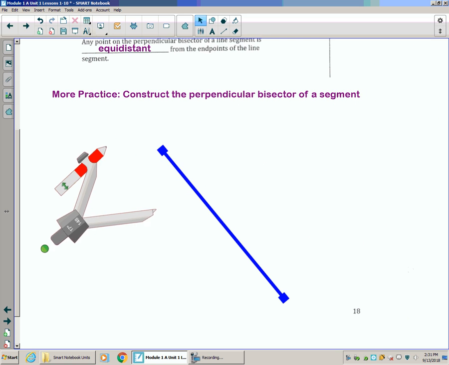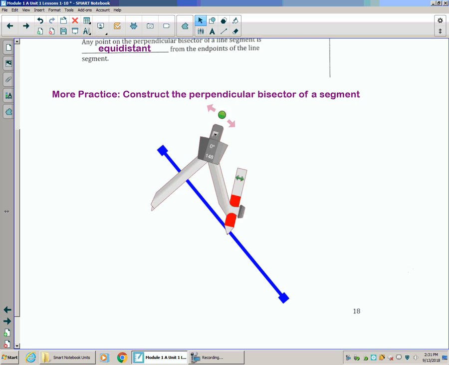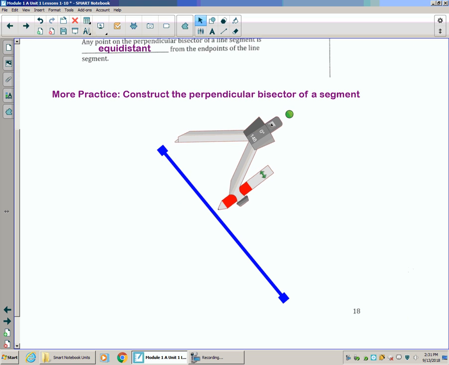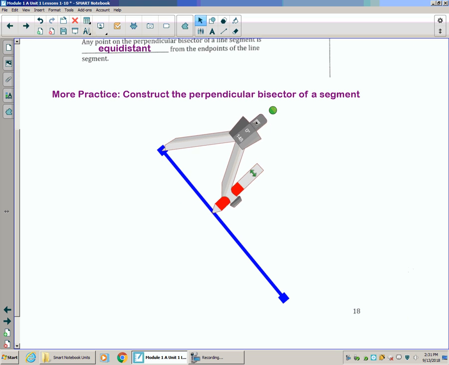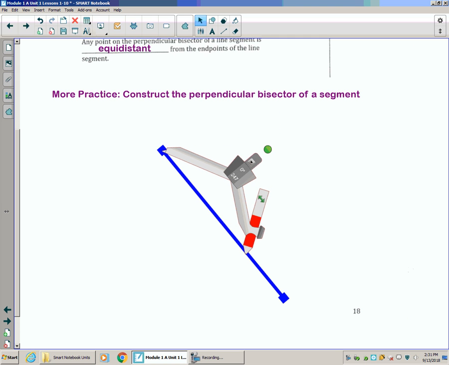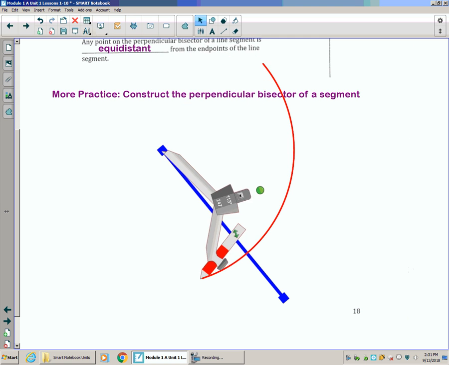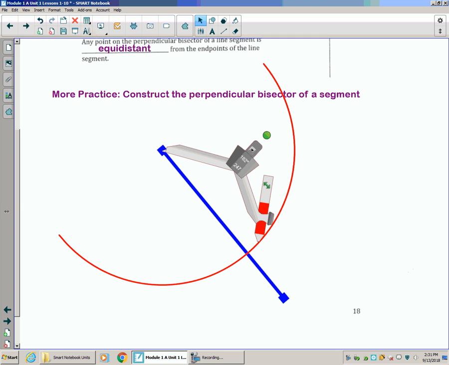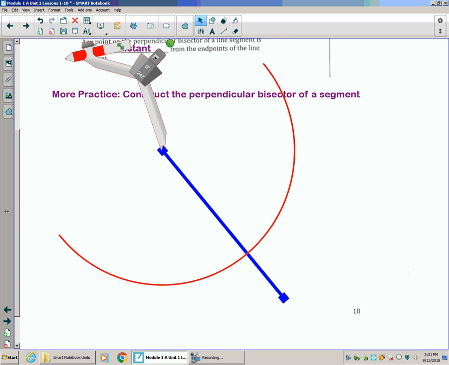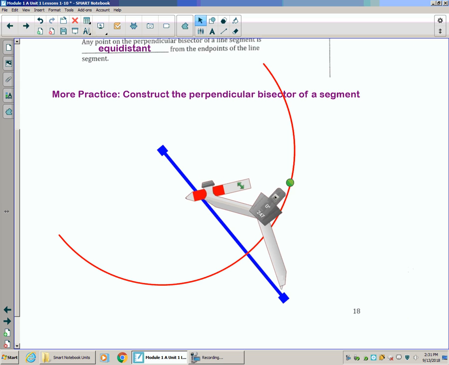In order to cut this segment in half with a perpendicular line, again, we're going to put the compass point on one endpoint, and we're going to go past halfway with the pencil of the compass. Semicircle halfway up and down. Remember which hole you used in your compass, and you're going to do the same thing from the other side.